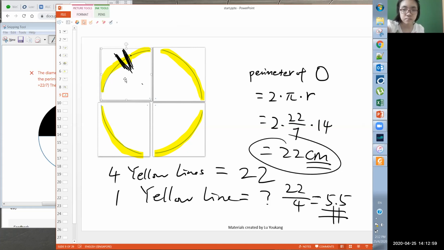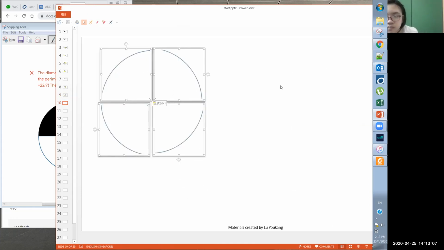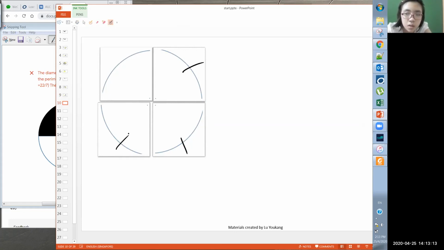Okay, so let me get this. Now, what I want to find is this part, right? So how do you find this? The full circle is 22. We found already, right?